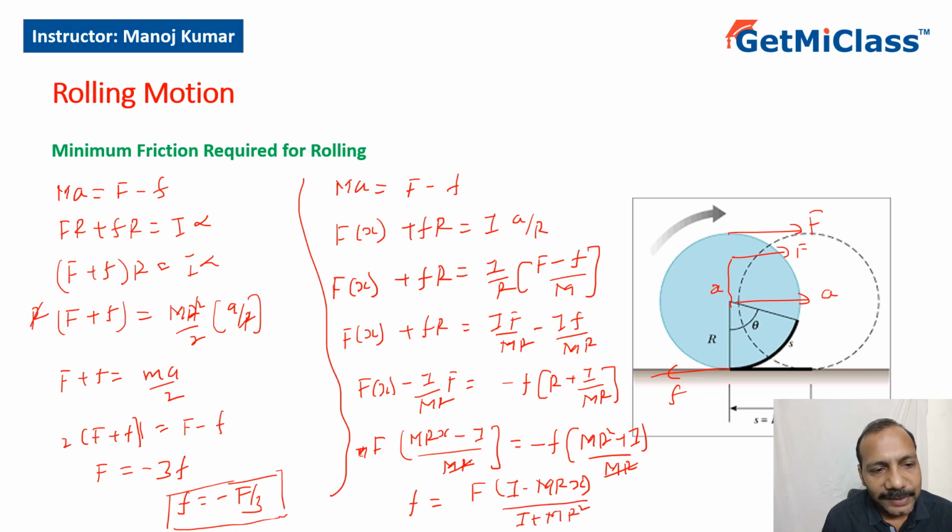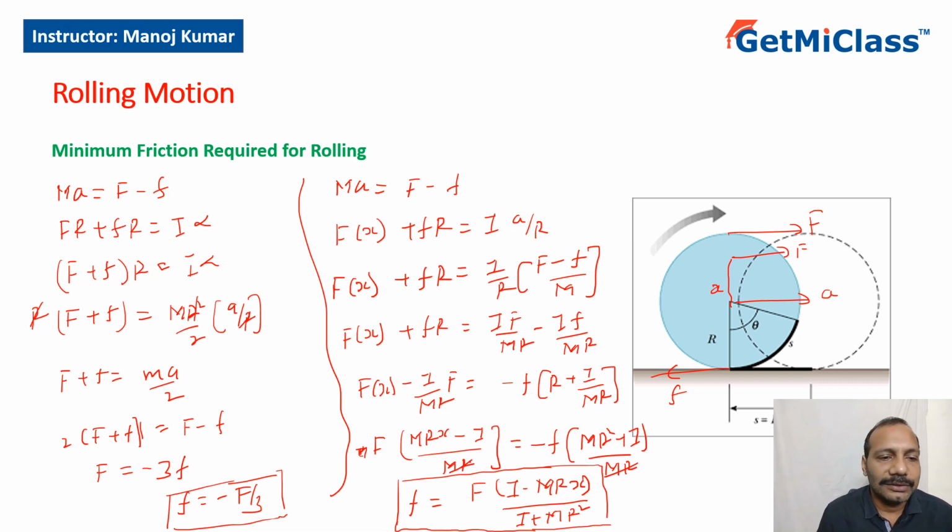This is the minimum friction required for a body of moment of inertia I when a force is applied at a height x above the axis, about the center of mass. In this way we can find the minimum friction required. Again, there is one particular case where the object can rotate even without friction.